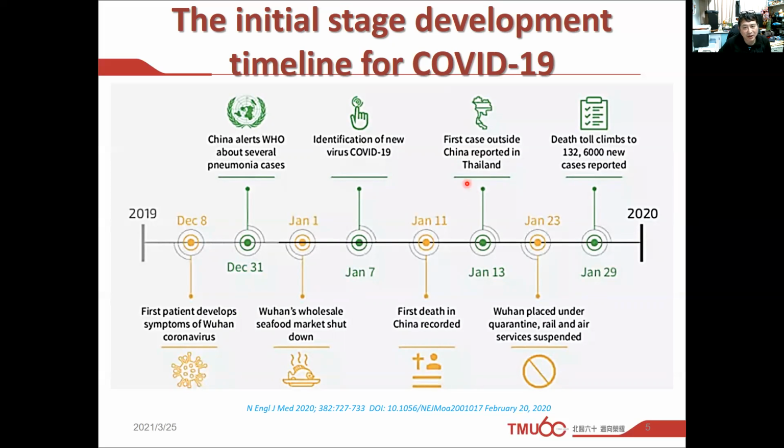And on January 23 was the day to lock down Wuhan city, with no rail, no bus, no air service in and out of the city. This strategy turned out to make the situation better in China, preventing the disease from spreading into other major cities in China.